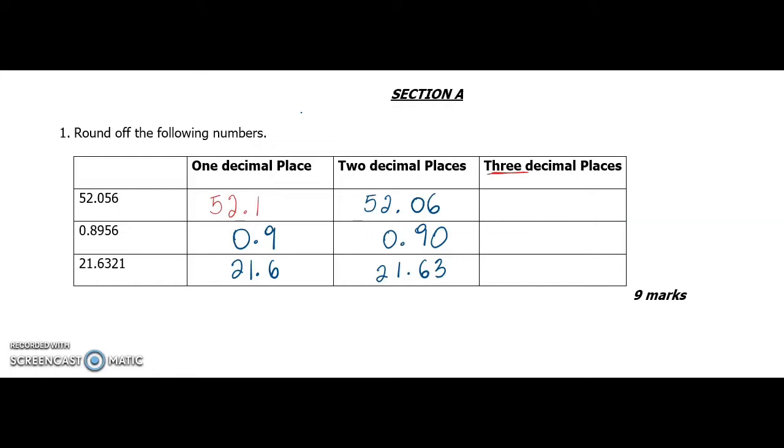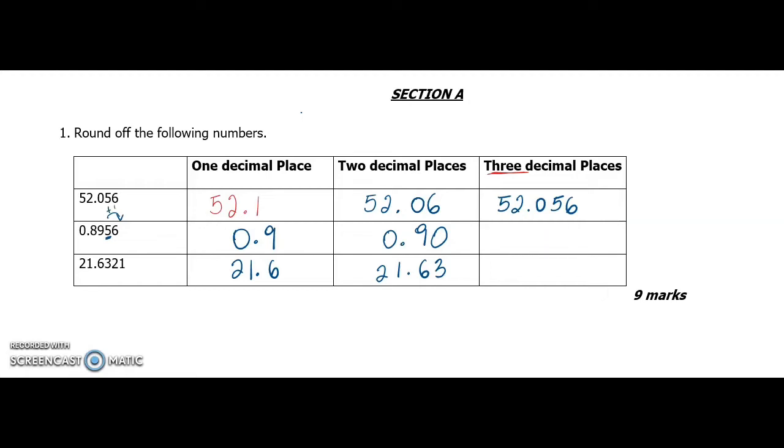For number 1, the third number after the decimal point is 6. There's no number to the right, so we're just going to write this back as it is because it's already in 3 decimal places. For the second number, the third digit is 5. When I look to the right of 5, I see 6.